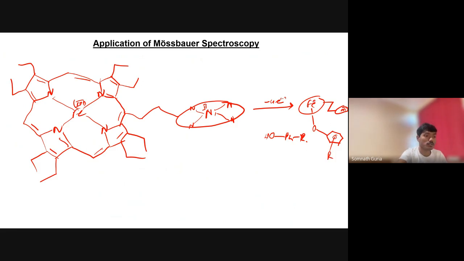This porphyrin is oxidized to a radical cation. This nickel becomes nickel 3, and we have a radical cation. This is how they are forming it, and they record the Mossbauer spectra. How does it look? The initial spectrum is like this, and this is the delta value we have.